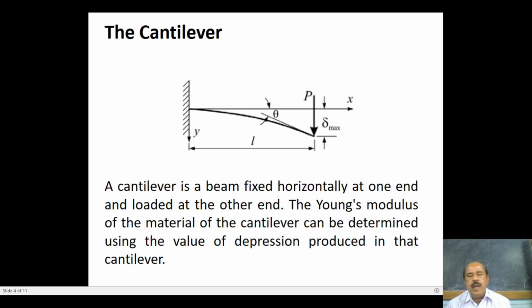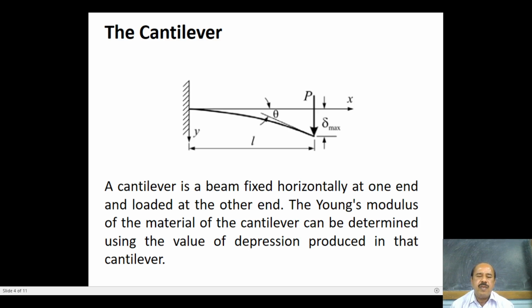In order to derive the expression for the depression produced by a cantilever, we have to consider the diagram of a cantilever. As I have already said, a cantilever is a beam fixed horizontally at one end and loaded at the other end. Cantilever and single cantilever are both the same.